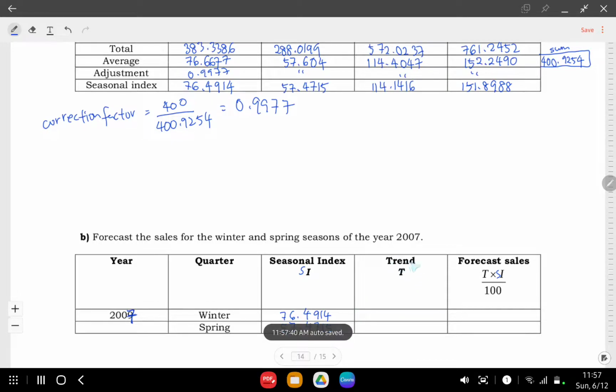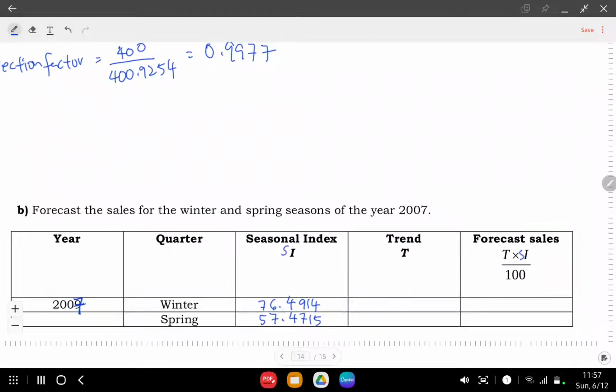Okay, next we need to find the trend. The formula for trend is the last trend value plus increment times n. So in order to find T, we need to find the increment first.